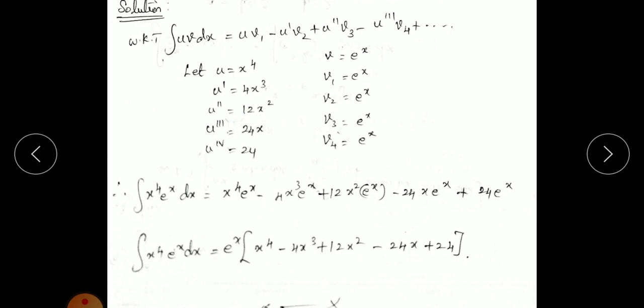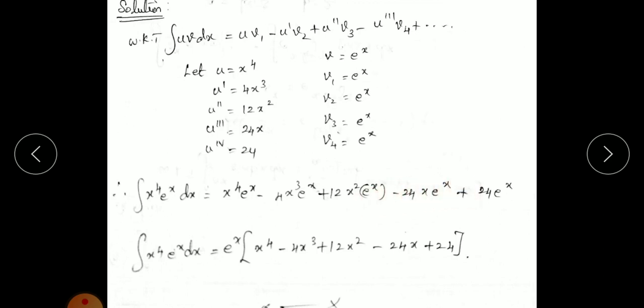Now we are going to substitute in the given question. Integral of x power 4 into e power x dx. So u v1, u is x power 4, v1 is e power x, so x power 4 into e power x, minus u dash is 4x cube and v2 is e power x, so minus 4x cube into e power x, plus u double dash is 12x squared into v3 is e power x, minus u triple dash is 24x into e power x, plus u4, that is 24 into e power x.